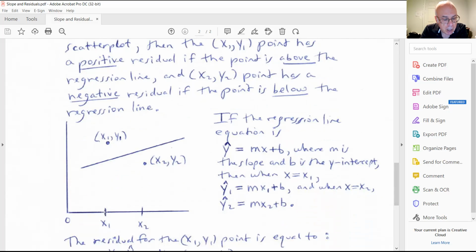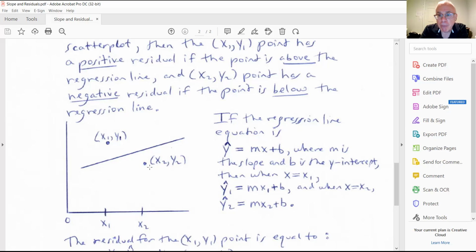If we just run our cursor up here and get to the line, you notice that that estimated y there is going to be less than the actual y here. So we should have a positive residual, y1 minus the estimated y1 would be positive.